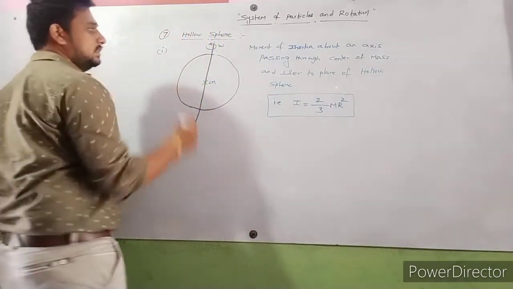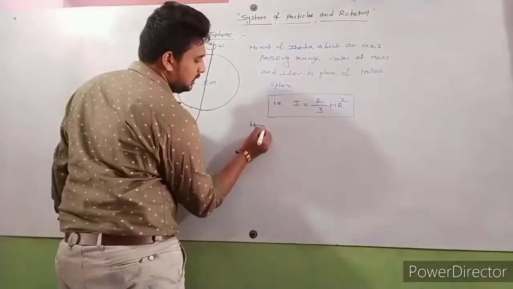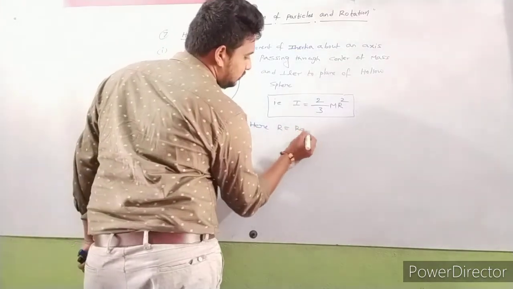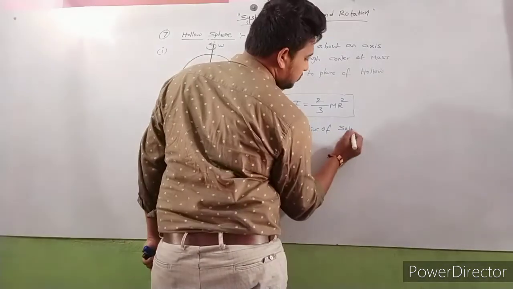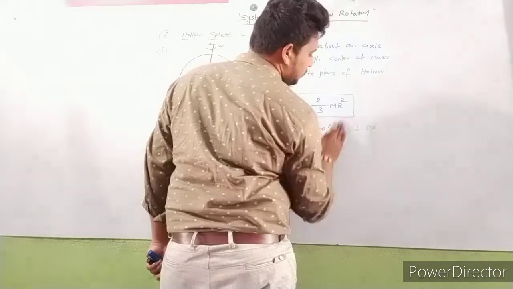Here r is the radius of the hollow sphere.